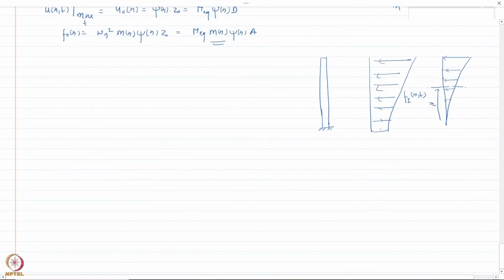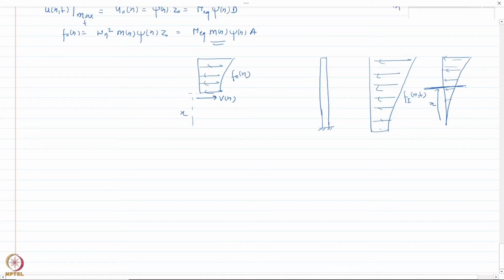To do that, the shear at this point would be due to the contribution of all the forces which are above this one, the sum of all equivalent static forces above this one, and this just comes from the free body diagram. So shear at any point at height x, let us say this is Vx that I want to find out, would be due to all the forces, basically F naught x, above that location.